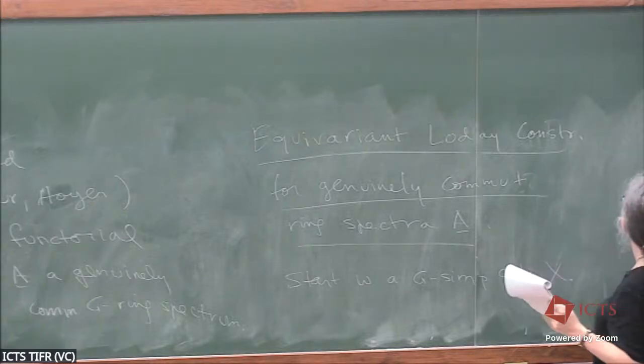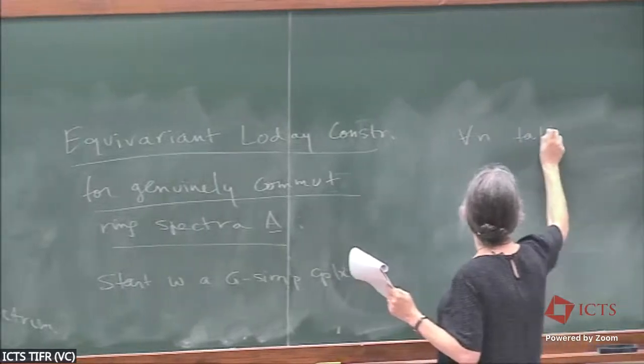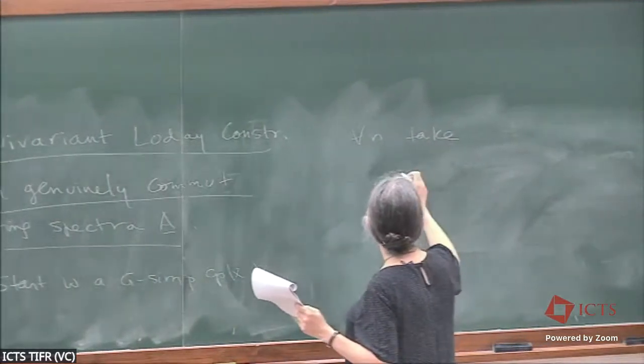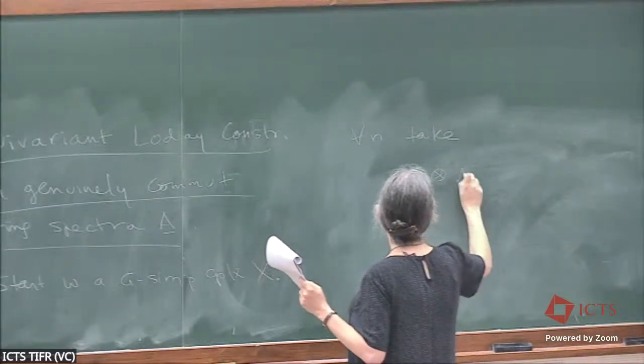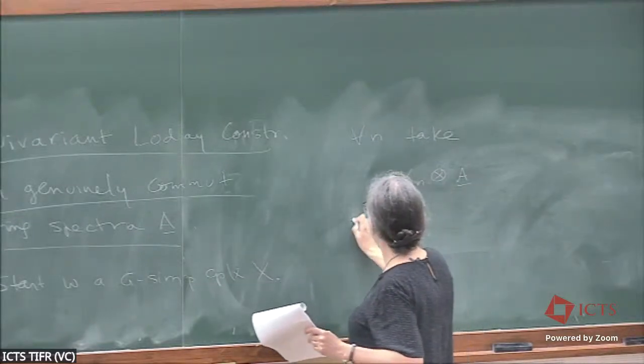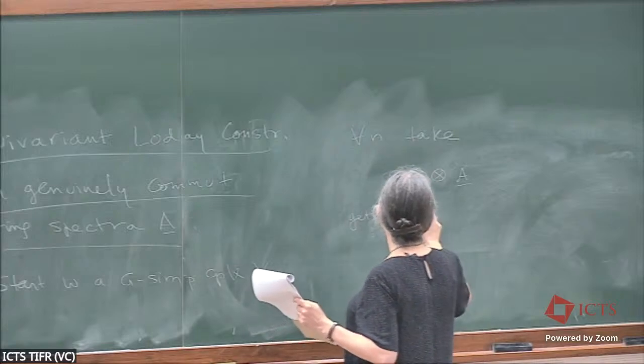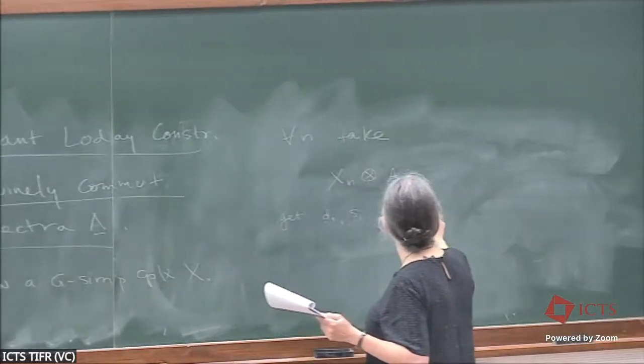So for all n, take Xn tensor A and get di, si by functoriality.